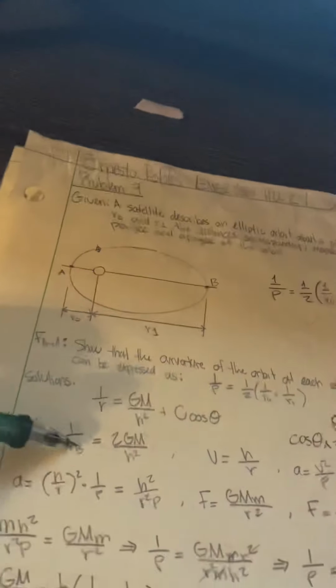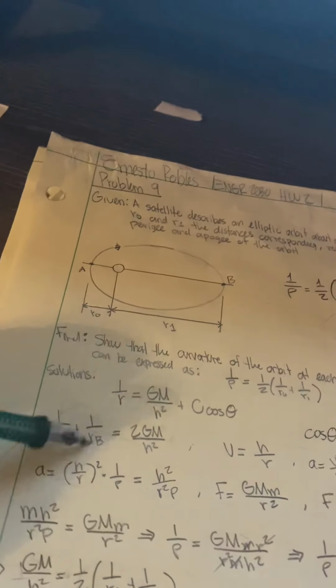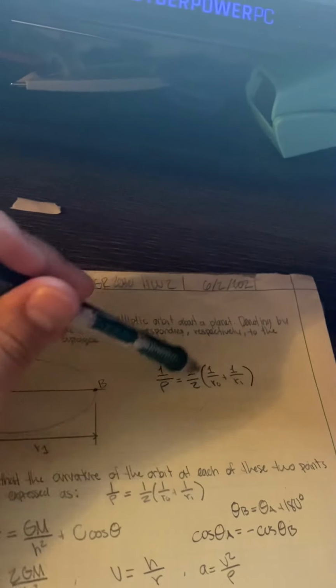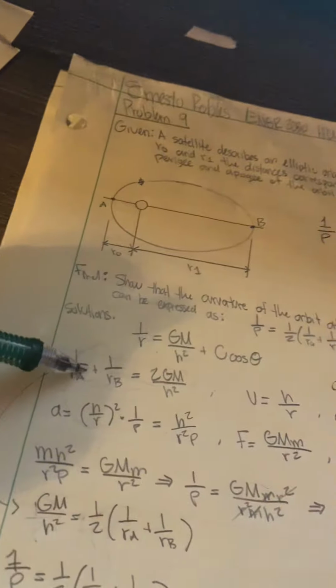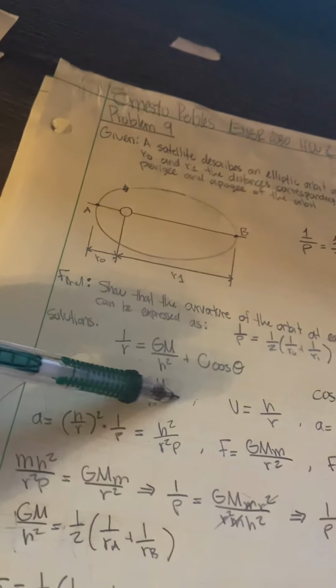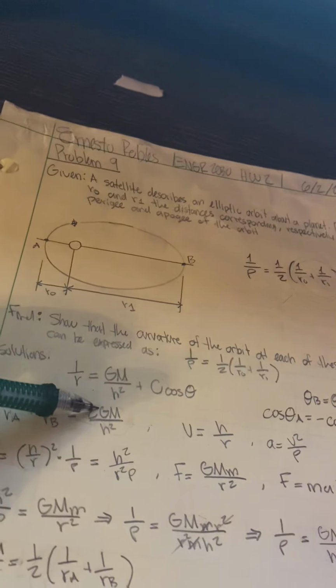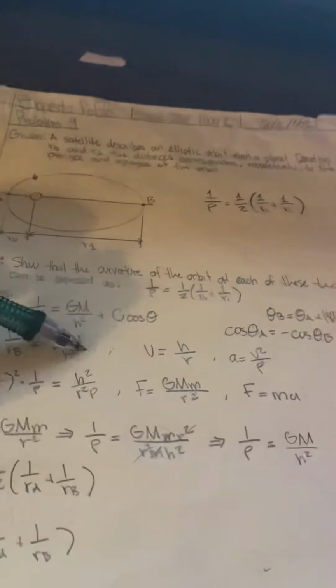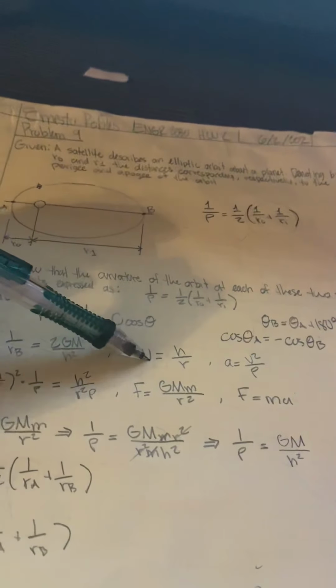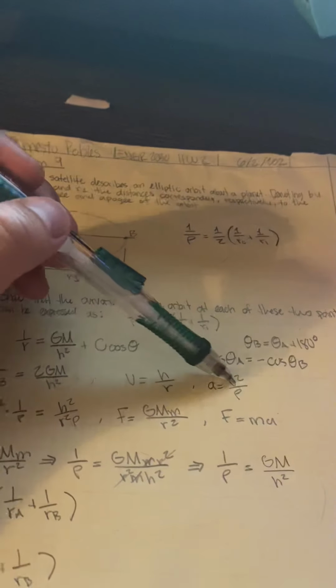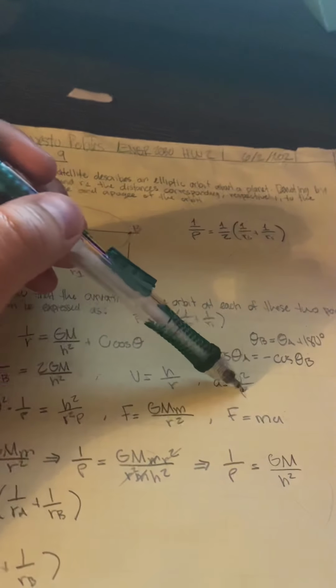And this right here is similar to this right here. I talked about it earlier, but I could have done it here. I'll just talk about it later, it'll make more sense there. But here we know that velocity equals h over r, and acceleration equals v squared over rho, which is really the radius.